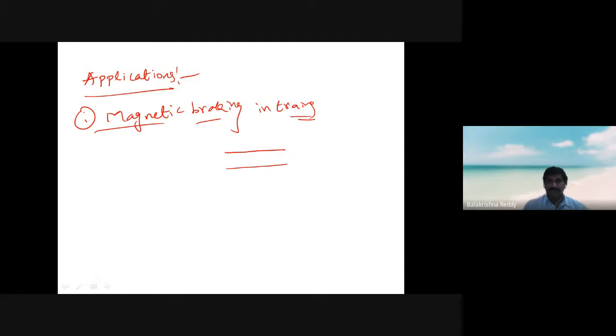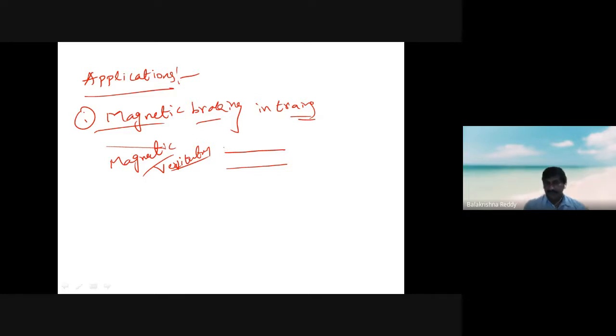These trains move only because of strong electromagnetic effects, based on the magnetic levitation process. Like in Japan, there are some bullet trains which work only on the magnetic levitation concept by strong electromagnetic effects. Of course, strong electromagnetic effects also come from strong electric fields.